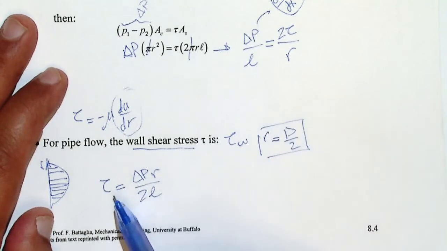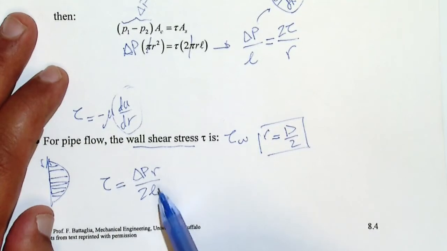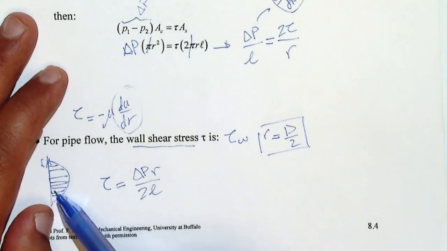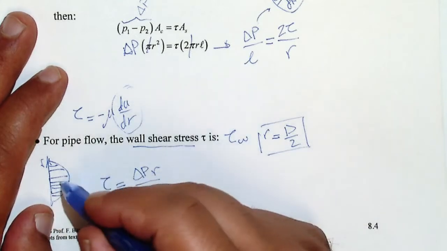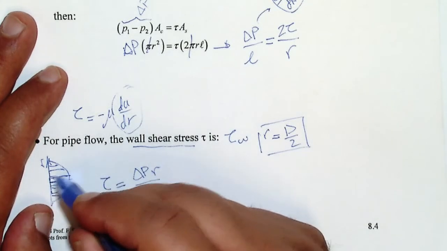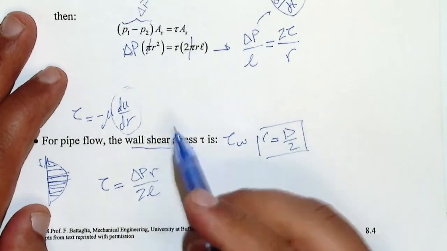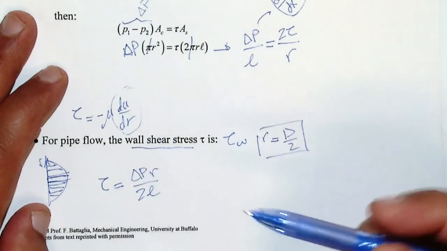Because tau is a function of R, and changes over R. As we know, there is going to be different shear stress between the layers of the flow at the center and also at the wall, based on the derivative that we have for velocity versus R.